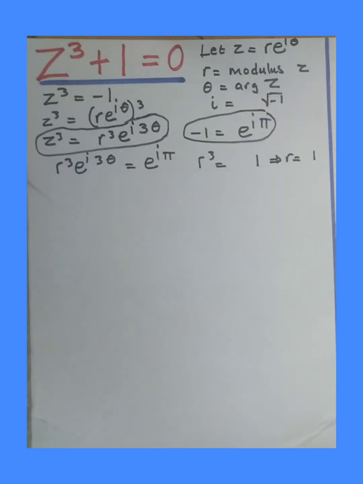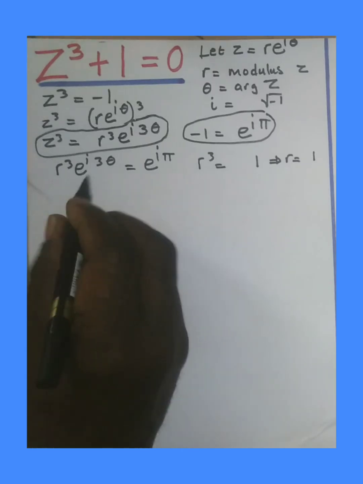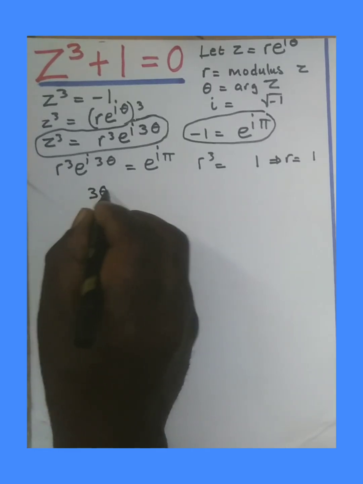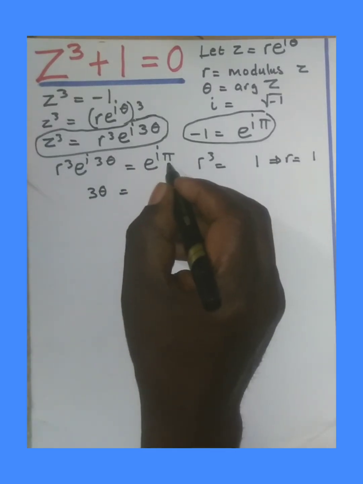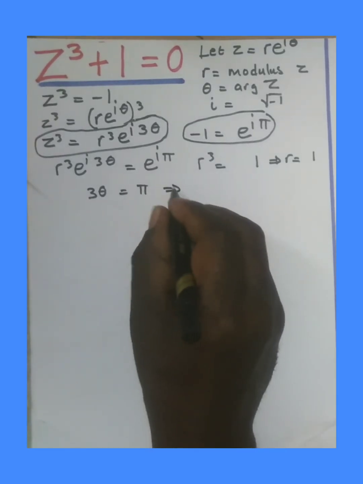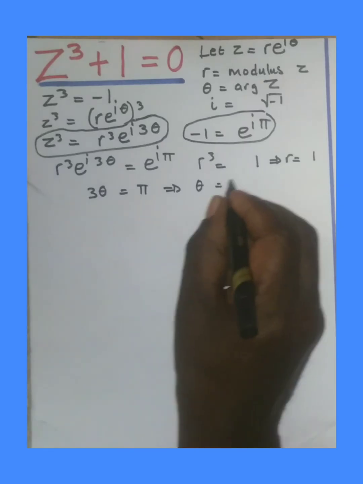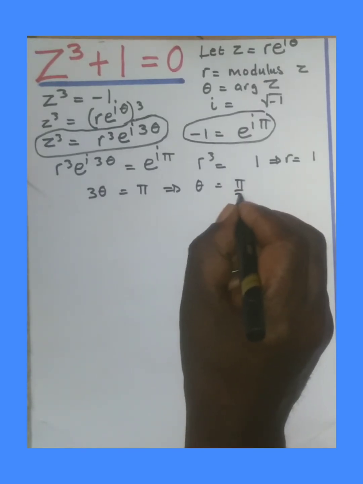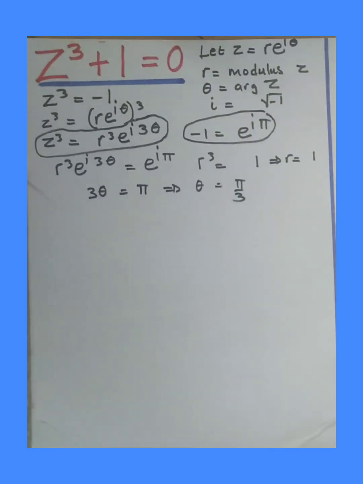In terms of arguments, we have on this side 3 theta, and on the right hand side we have pi, which of course means that our theta is equal to pi over 3. Now we need to take account of the fact that every time we rotate a multiple of 2 pi radians, we still get the same complex number.